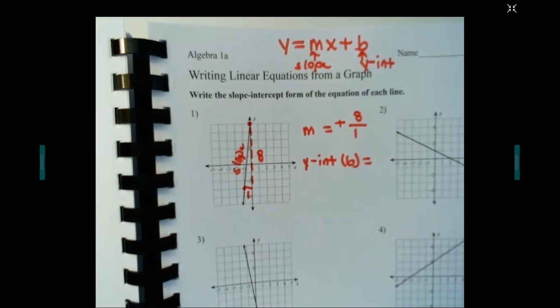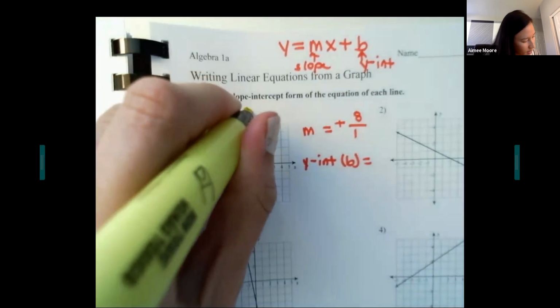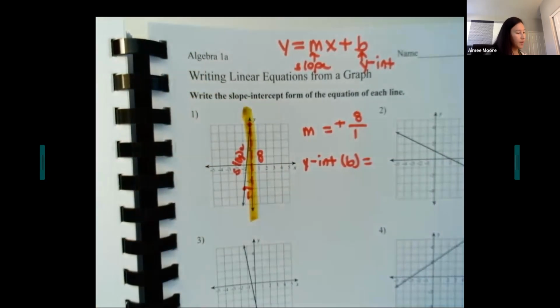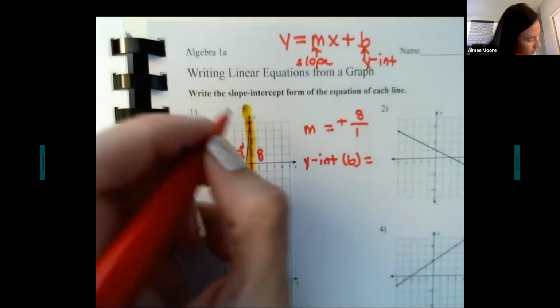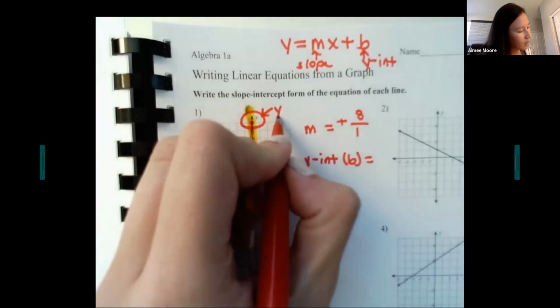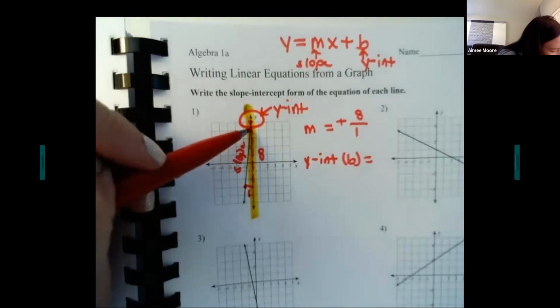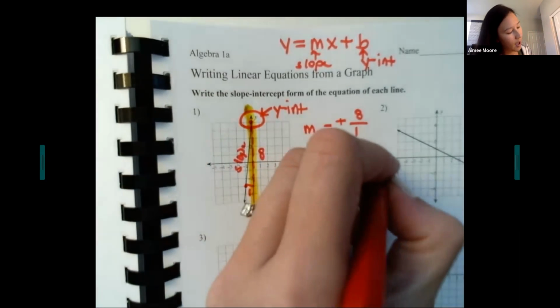No. Okay, and then our y-intercept. So I like to just highlight the y-axis. Then we look to see where does our graph cross the y-axis? Right here. And so that is our y-intercept, which is at, that one's 4, which means that one is 5.